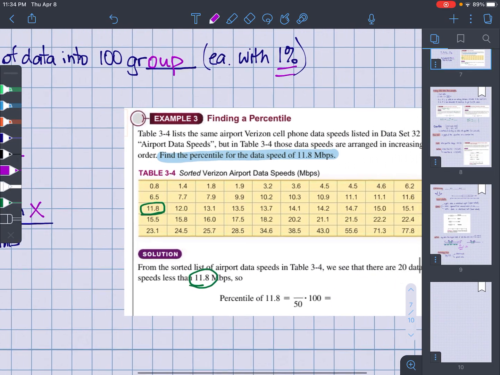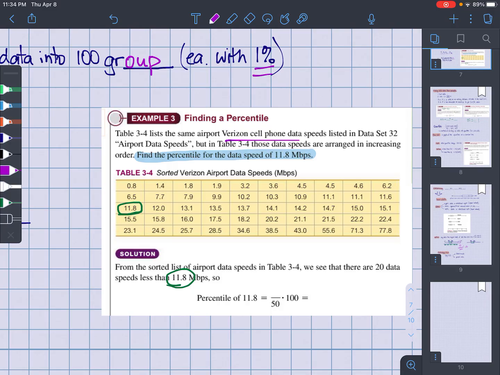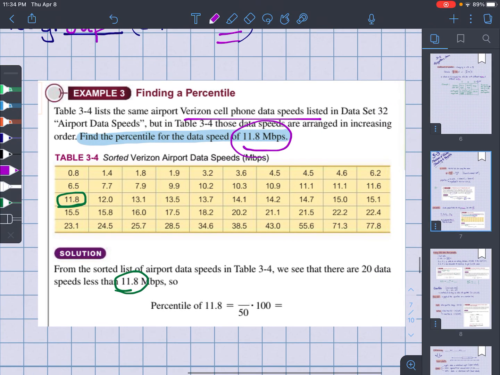We're finding the percentile. So we got these Verizon speeds, and we're looking at what is the percentile for 11.8. Okay. Well, notice 11.8 is there. I've circled it. These are sorted, and above here we've got 20 data items.